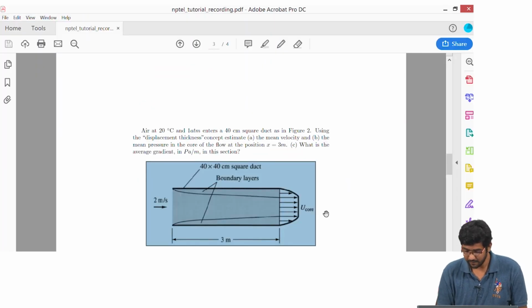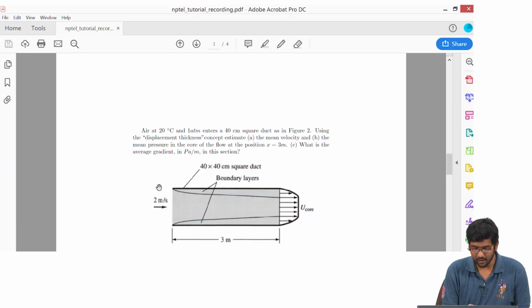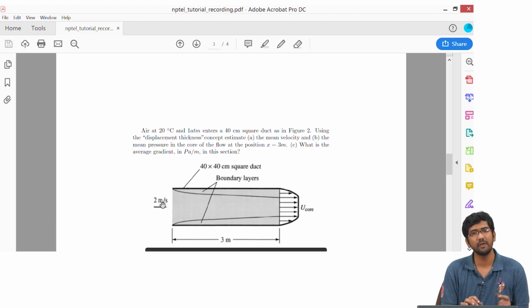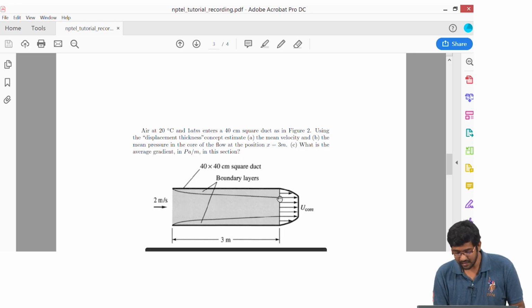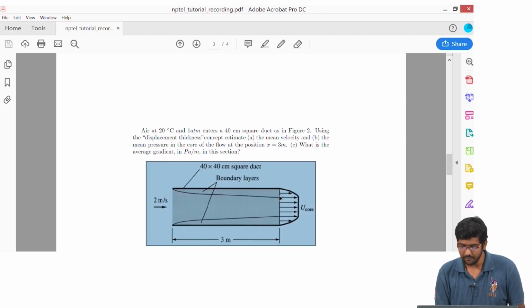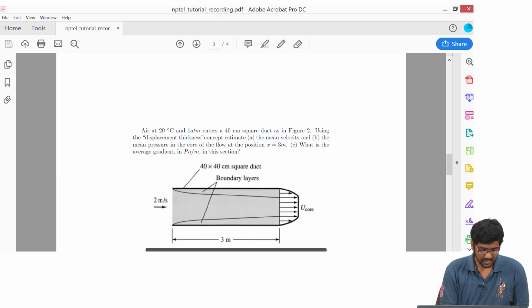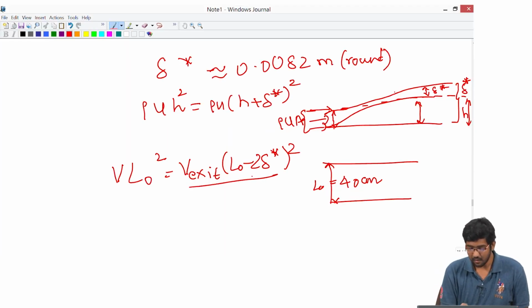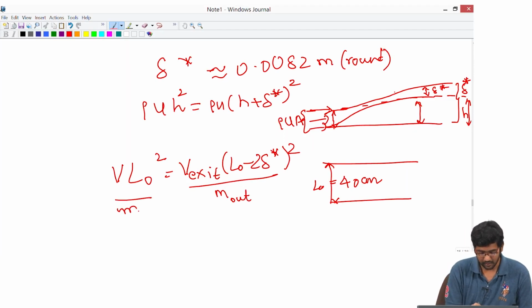You can see this is the inlet velocity. We know the inlet velocity and the dimensions of the channel, therefore we can calculate the inlet mass flux, which is rho u into S. Similarly, we know the displacement thickness, and using that we can write the mass flux out and this is the mass flux in.